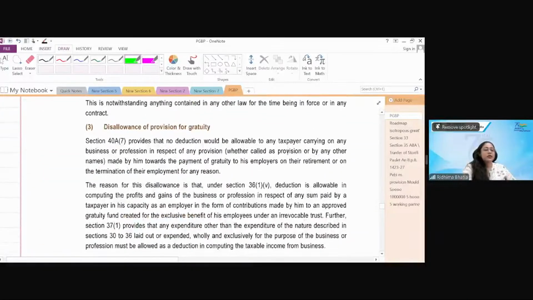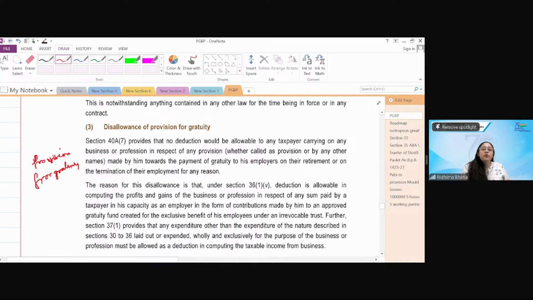Next is disallowance in respect of gratuity. See, first of all, if I'm making any provision for gratuity, यहाँ पे कौन से disallowances आएंगे? Any provision for gratuity, friends, is disallowed. See, when I'm making payment to any approved gratuity fund, that is allowed under section 36 subsection 1. Or if I'm making actual gratuity payment, कि कोई retire हुआ और उनका actual gratuity था, that is allowed.